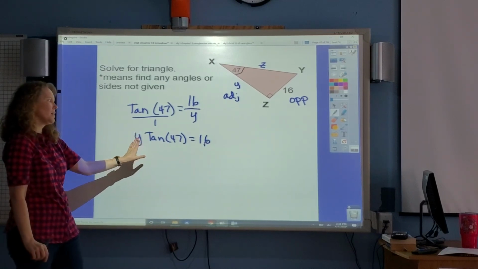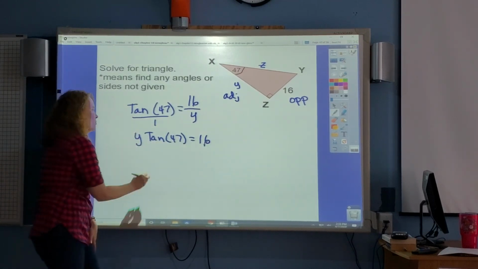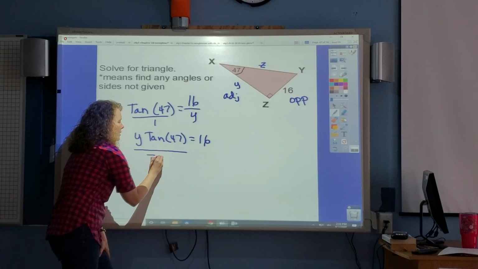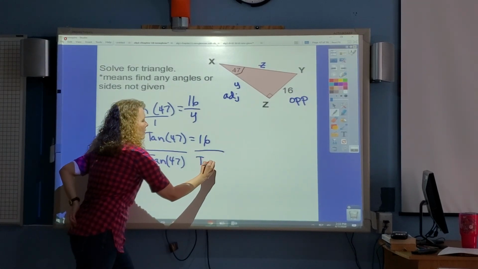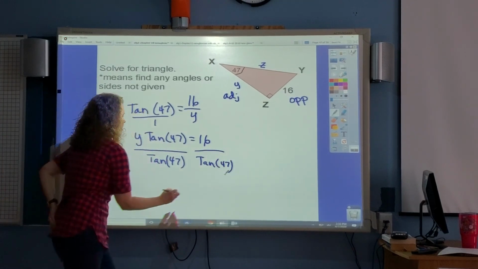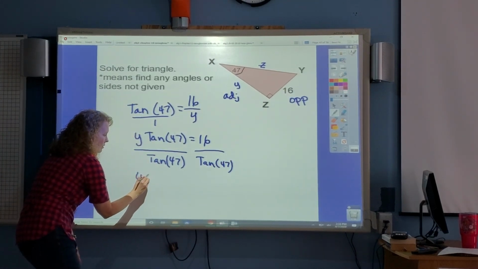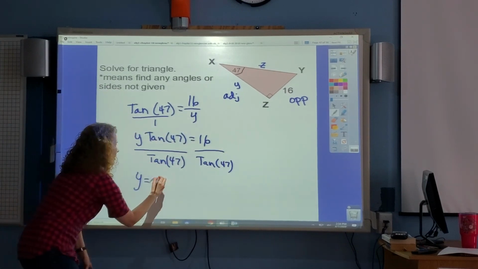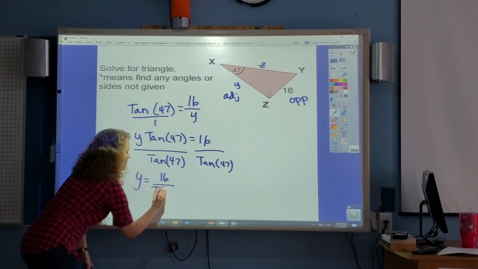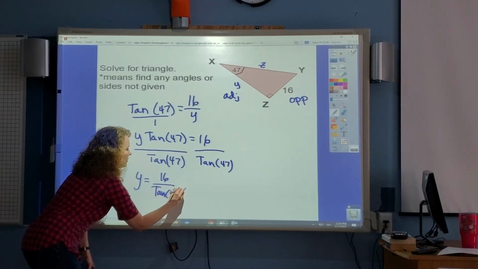But to get the y by itself, you're going to divide both sides by the tangent of 47. So what we're going to do in the calculator is 16 divided by tangent 47.